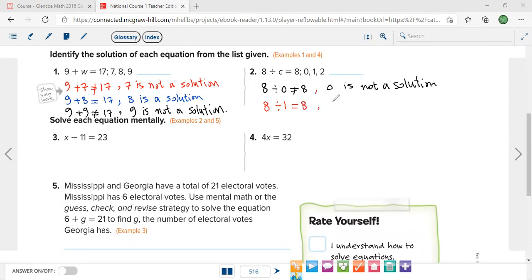So we can say that 1 is a solution. 8 divided by 2 is not equal to 8, so 2 is not a solution.